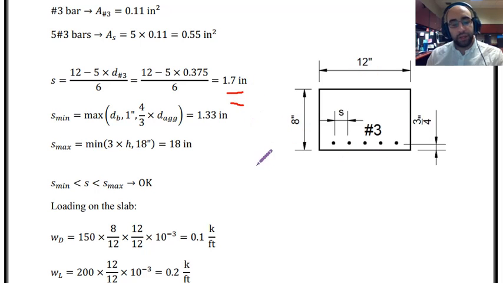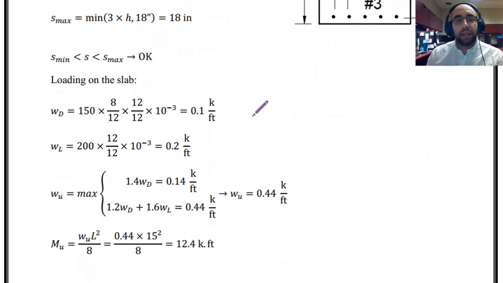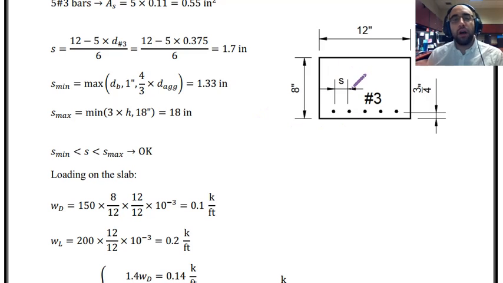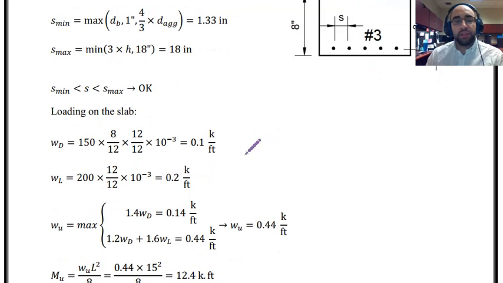So now that I know the section, I can understand the dead load that I have on the slab. That dead load is based on the slab self-weight, and now that I know the geometry and the cross-section dimensions, I can estimate the dead load.